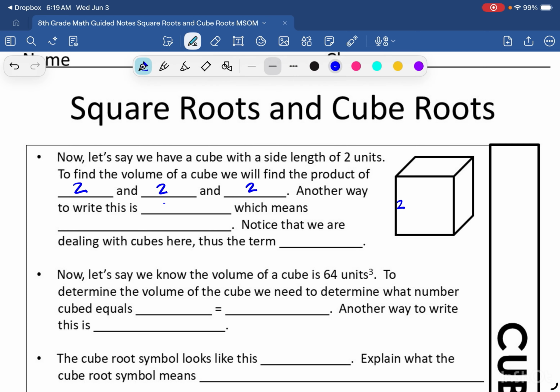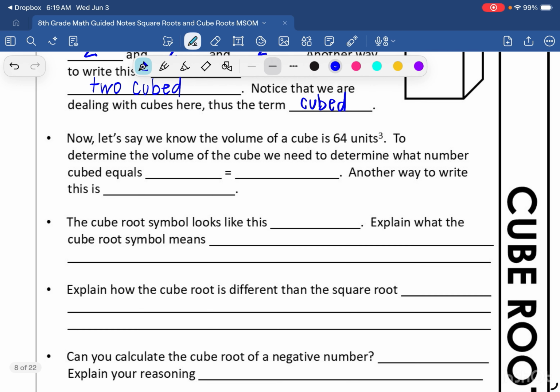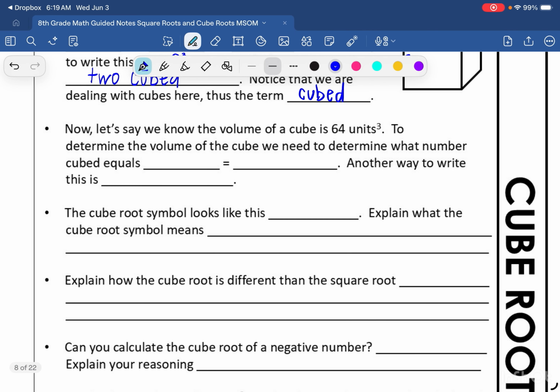Another way we can write this is 2 with the superscript of a 3, and that means cubed. 2 cubed. Notice that we are dealing with cubes here, thus the term cubed. Now let's say we know the volume of a cube is 64 units cubed. To determine the side length of the cube, we need to determine what number cubed equals 64.